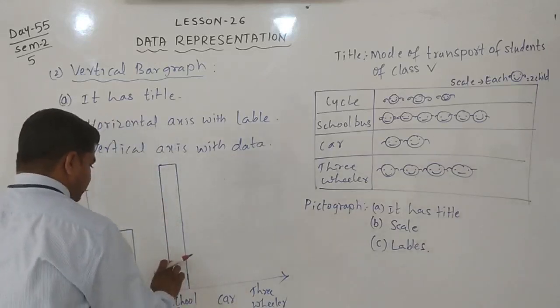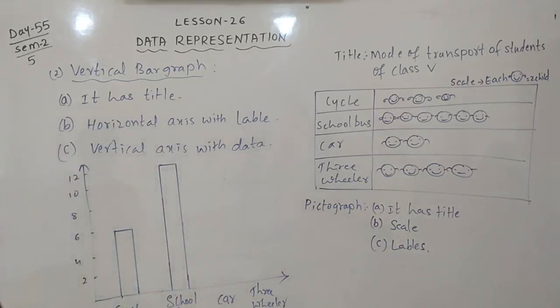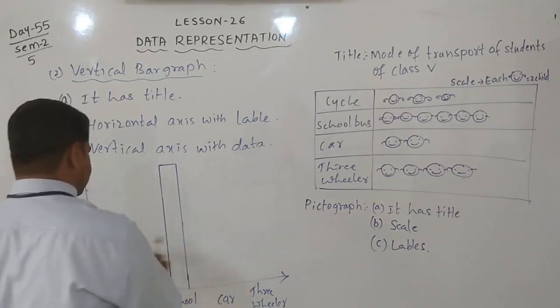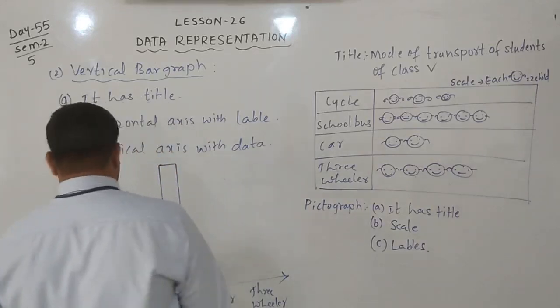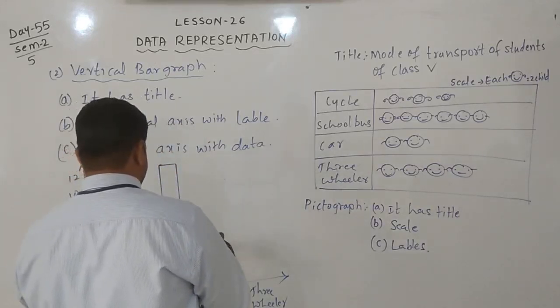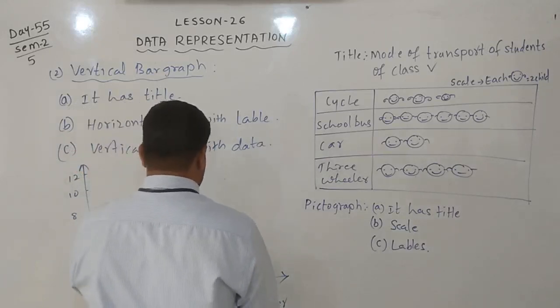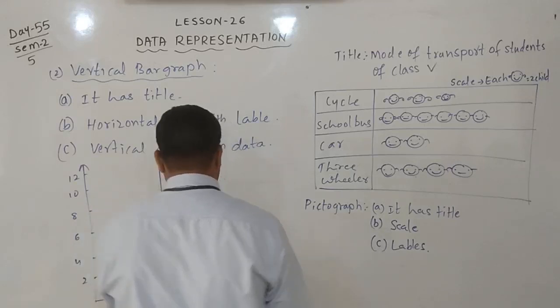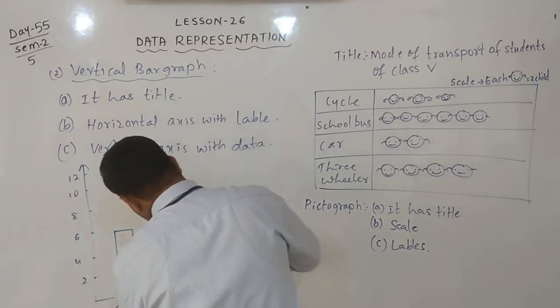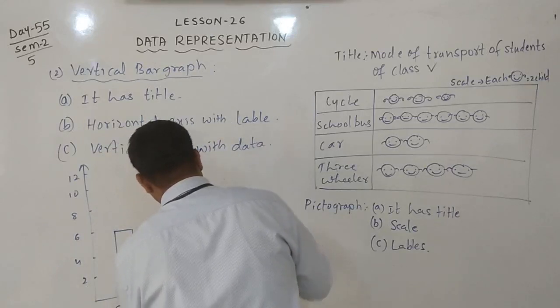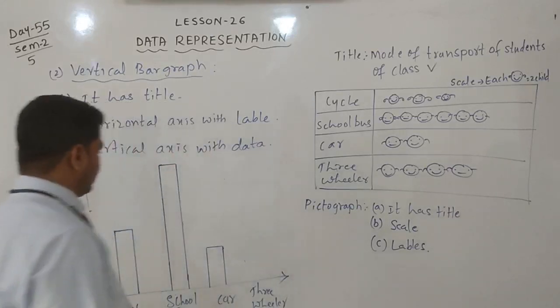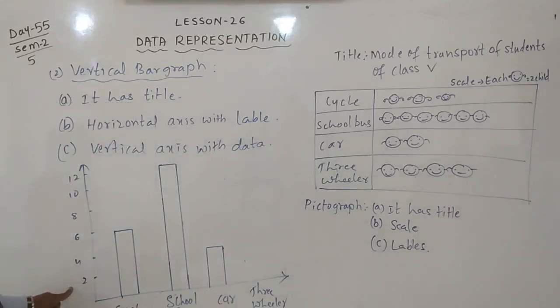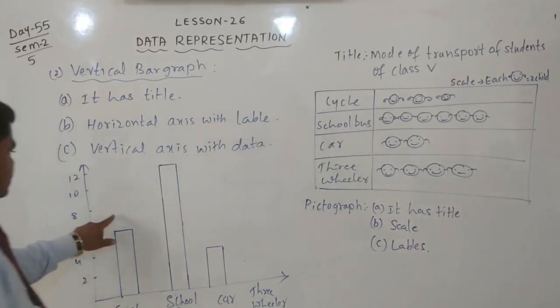By school bus, how many children? 12 children. Then by car, 4 children. By car, how many? 4 children. Next, by 3-wheeler, 8 children.